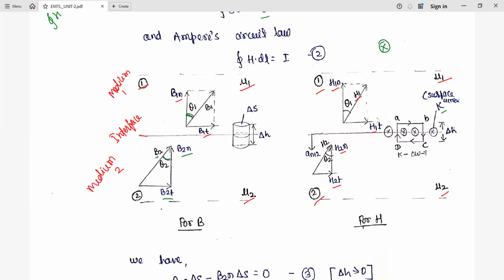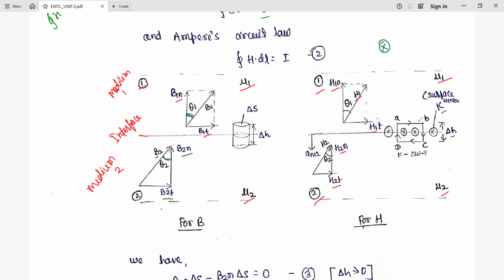So here again K is the surface current density. Finally, we are considering a differential part, for which the height is taken as del h and the width is taken as del w. Here again we have considered the path A, B, C, D, A.